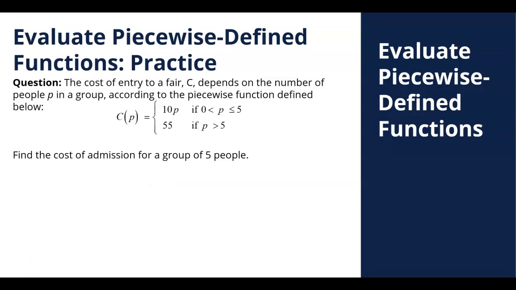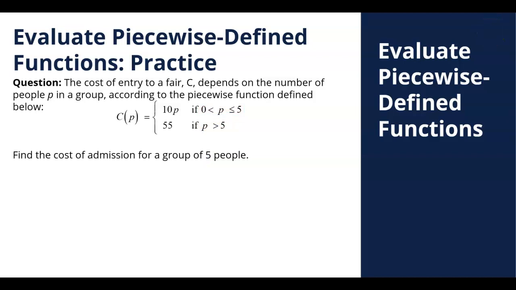Now suppose, for instance, we want to find the cost of admission for 10 people. So to answer that, we will have to determine where we could find 10 in the domain of the piecewise function. Is it going to be here or here?